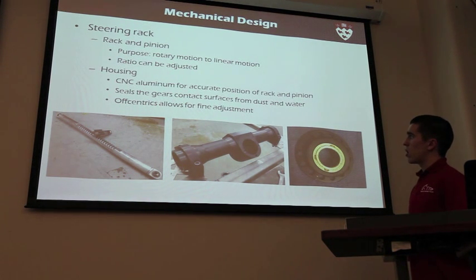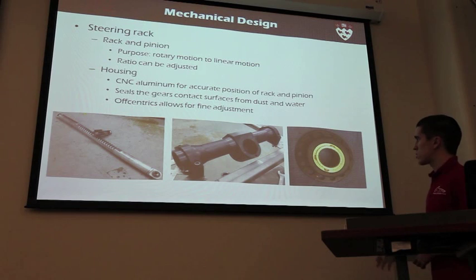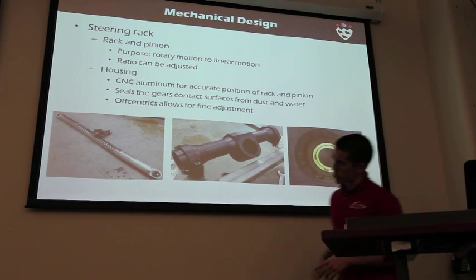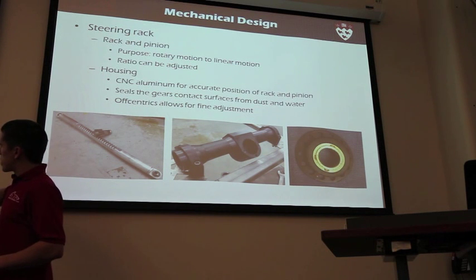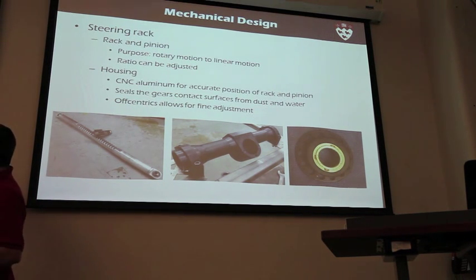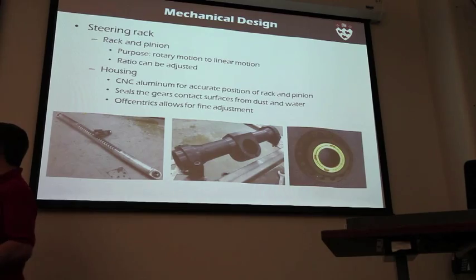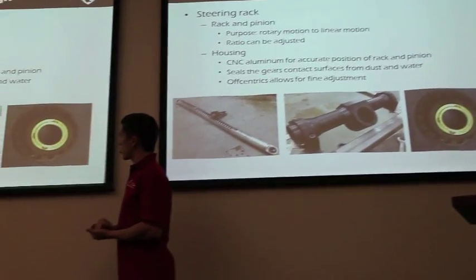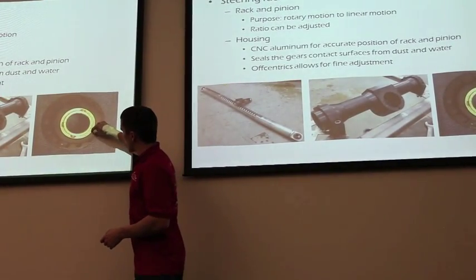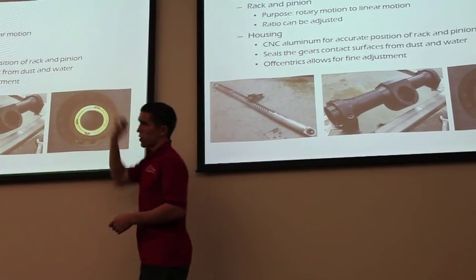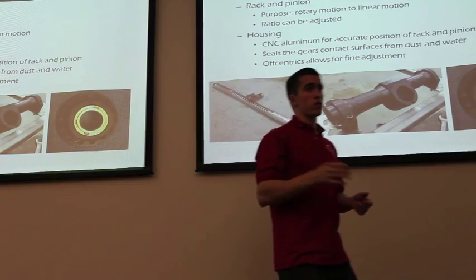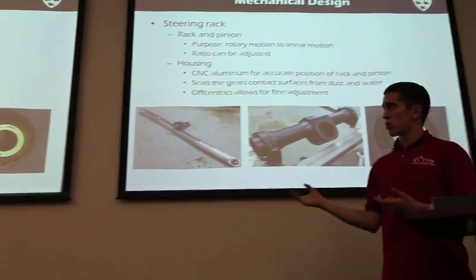However, we also included a system of off-centrics. I don't know if you can see it very clearly, but these off-centrics right here are basically a piece of aluminum in which a bushing of bronze is inserted. And basically the thickness of the aluminum is thinner here and thicker here. It's not by a lot, it's 30 thousandths of an inch. That's really small, you can barely see it.